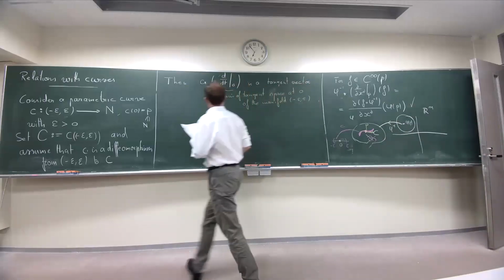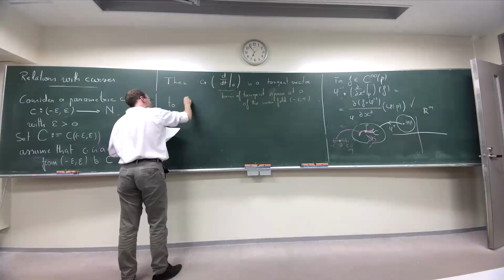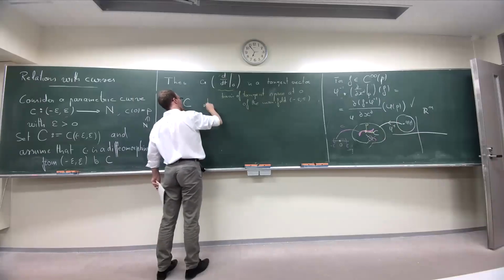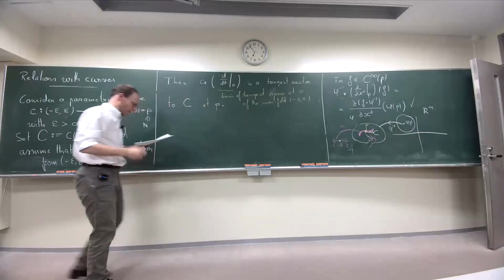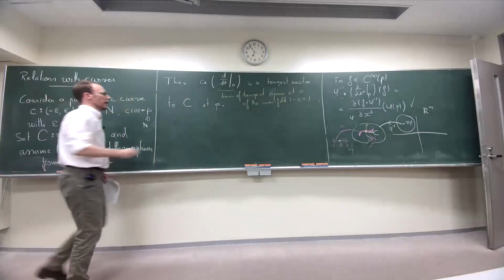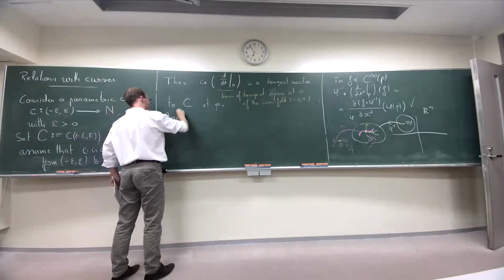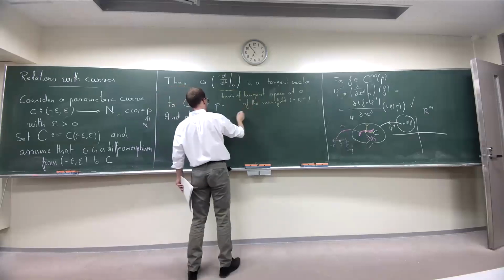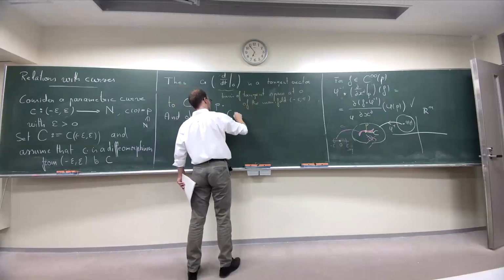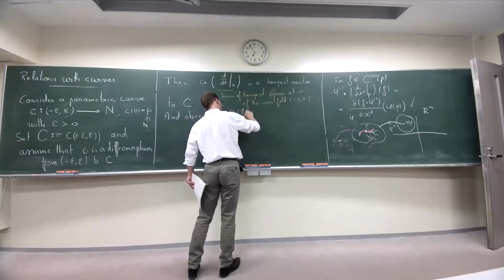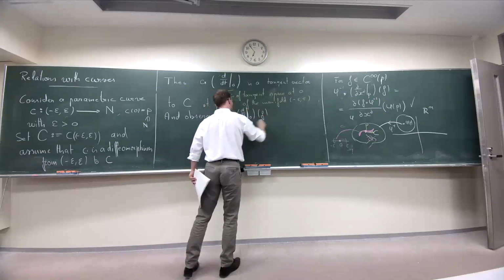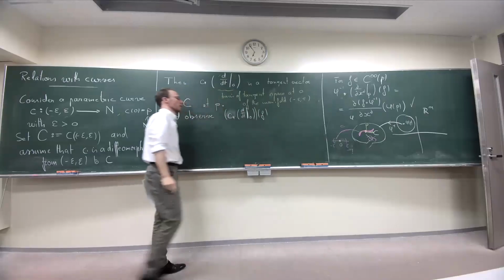The tangent vector to C, be careful, it's a tangent vector of C at P. And observe, we can again get an expression if we apply C star d over dt at 0 applied to F, because this is the way I should apply it.